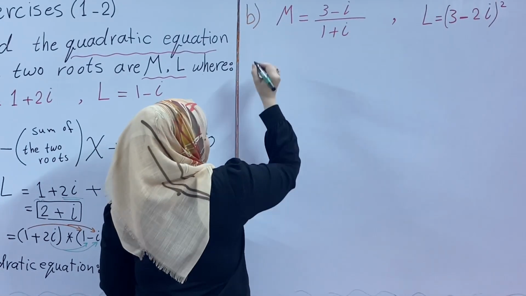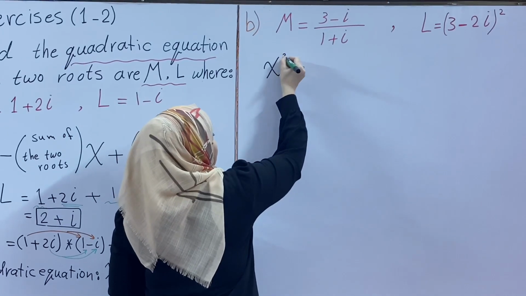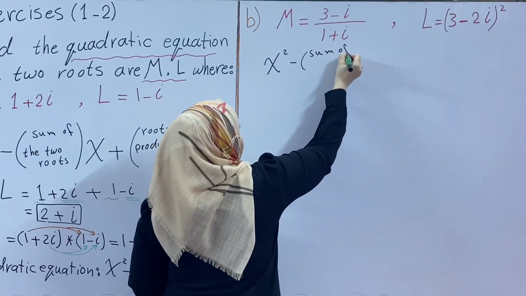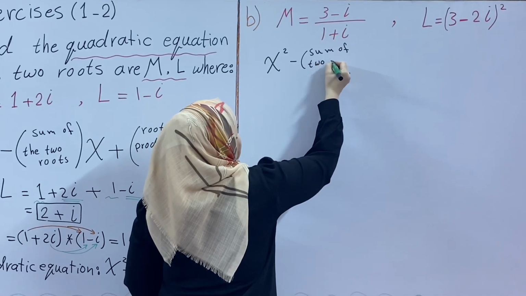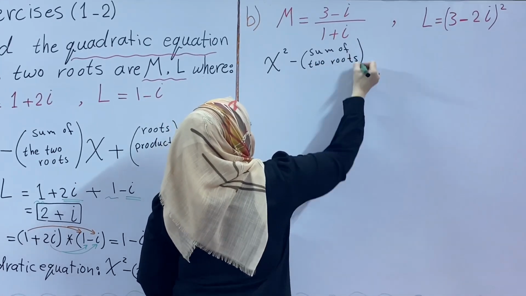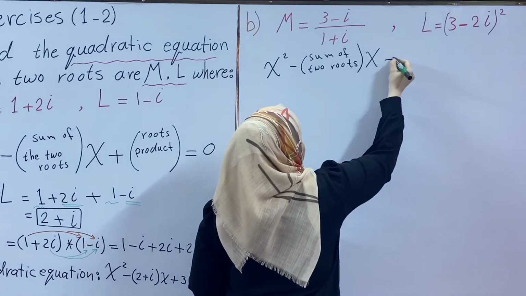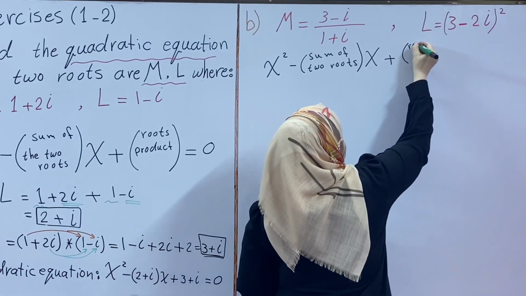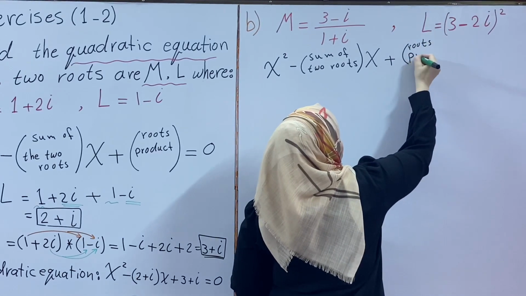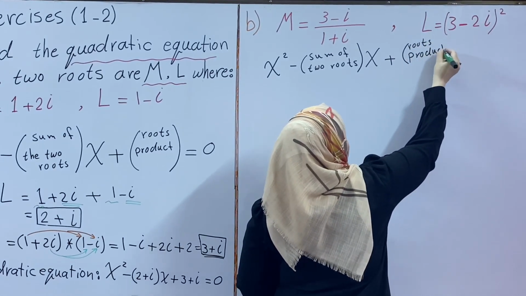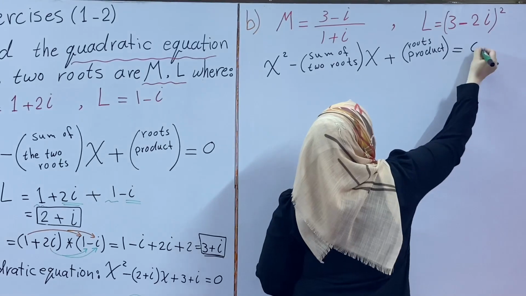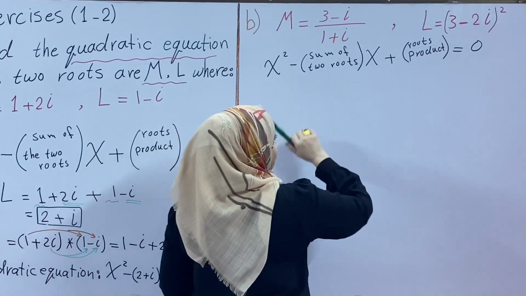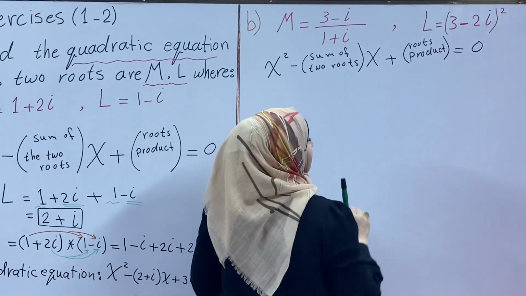The quadratic equation will be x squared minus the sum of two roots, x, plus the roots product, equal 0.